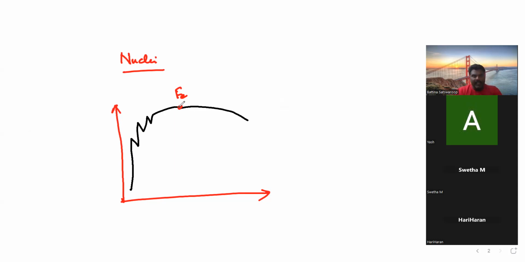Till iron, whatever elements are there, like hydrogen, lithium, nitrogen, carbon, oxygen, sulfur, they are all trying for fusion. Once they reach iron, after iron onwards they are unable to sustain that, so what will happen?